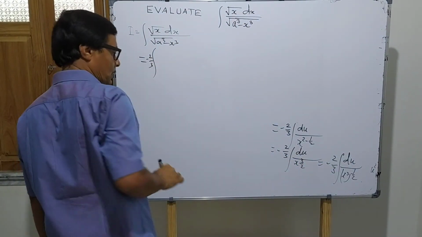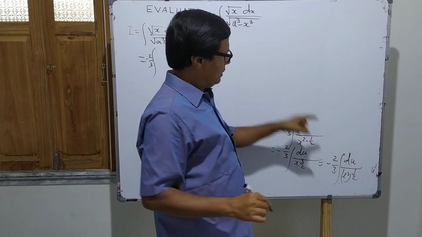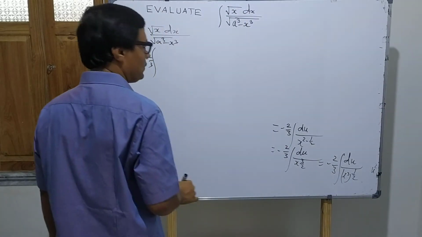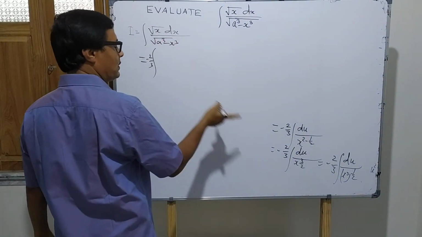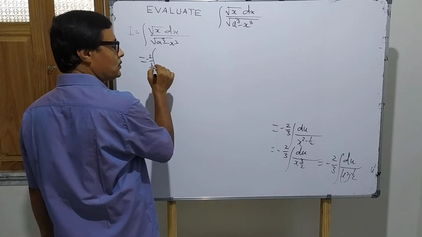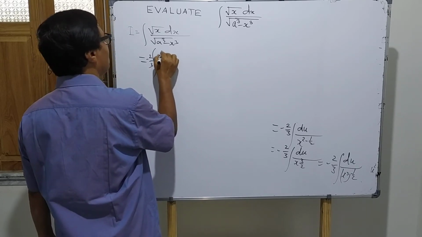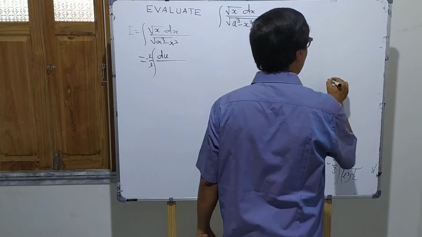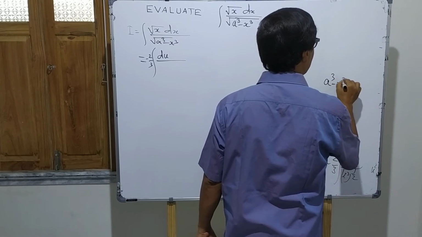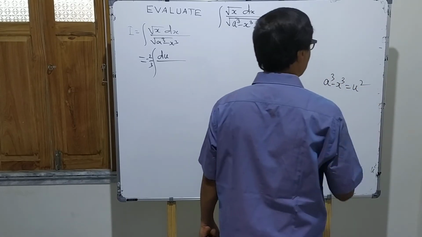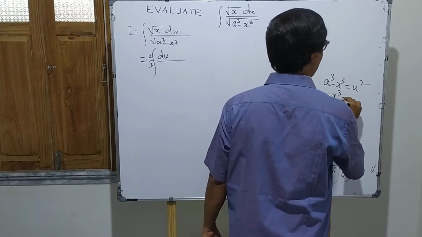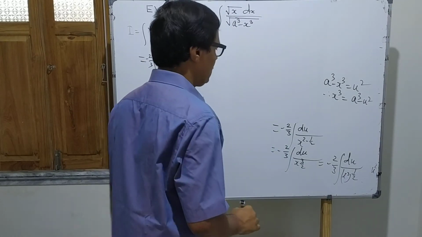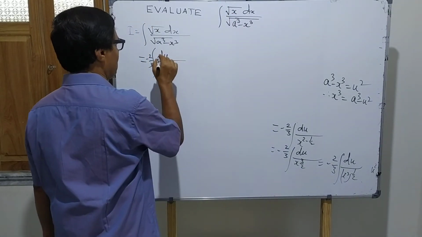We have transformed this integral into this integral. We have already put a cube minus x cube equal to u square, so x cube equal to a cube minus u square. We can put this value of x cube.